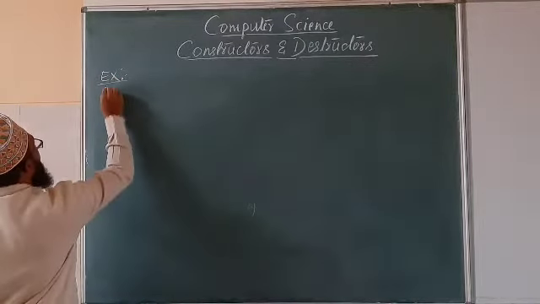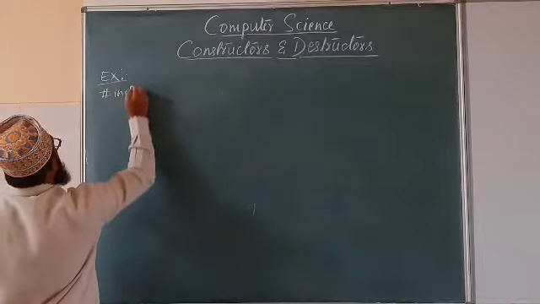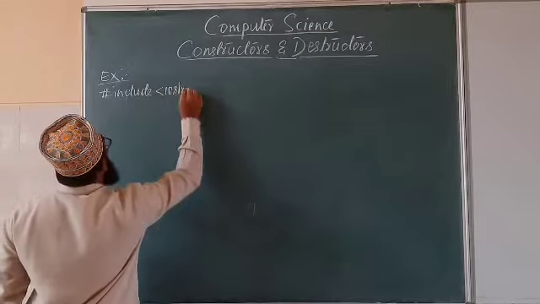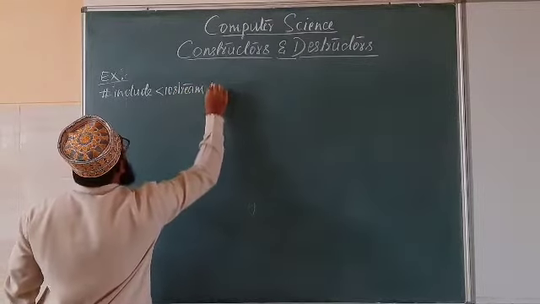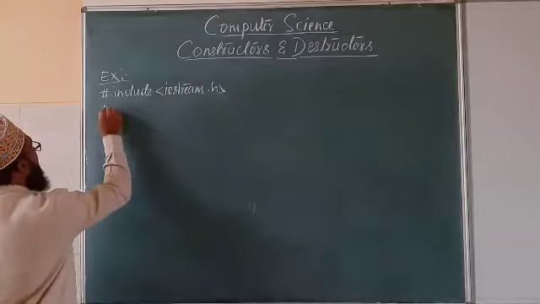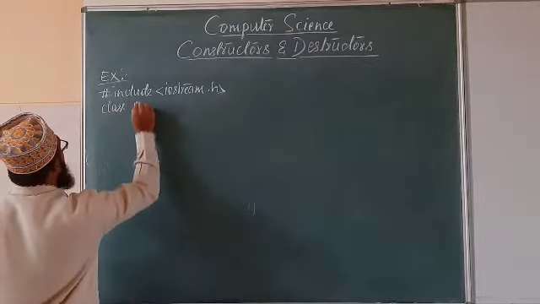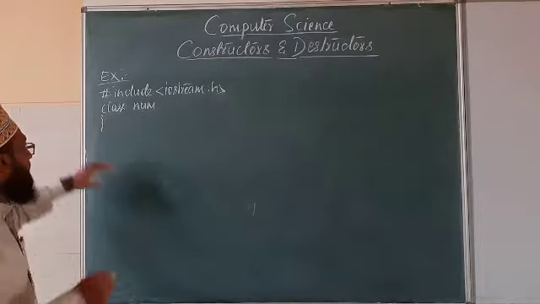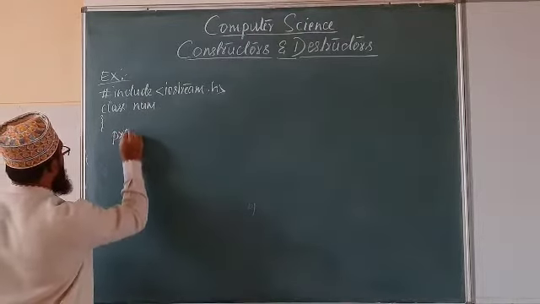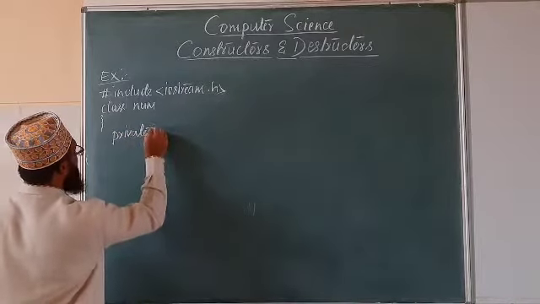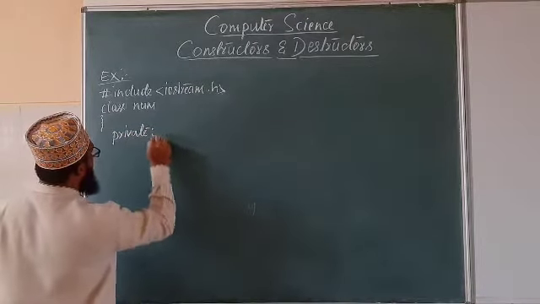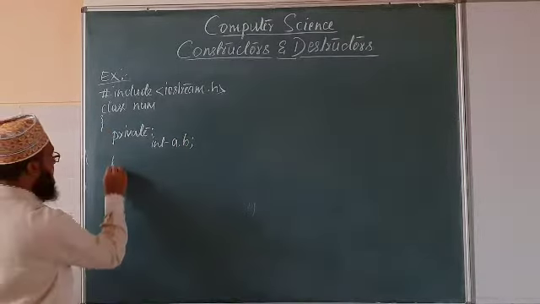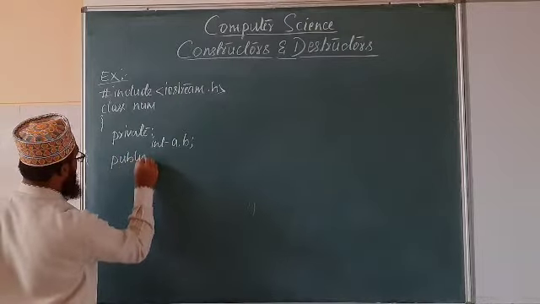Write down this example. Hash include iostream.h. Then take a class and keep the class name as num. Then open it. After that, private, under the access specifier. Take two variables here, A and B. After that, which access specifier is there? Public.